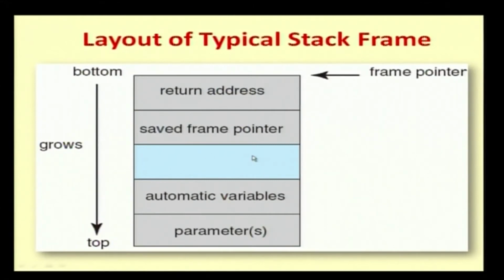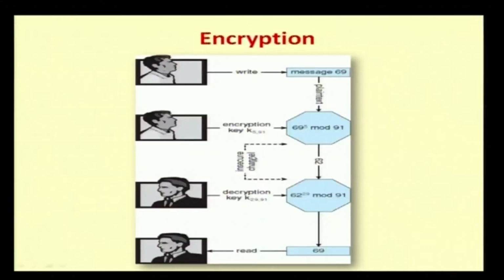Now let us see what encryption is. What is encryption and what is decryption? Supposing we are going to make a communication between users, that is a sender and a receiver. When you are going to make communication, you check whether someone is trying to hack all your information.